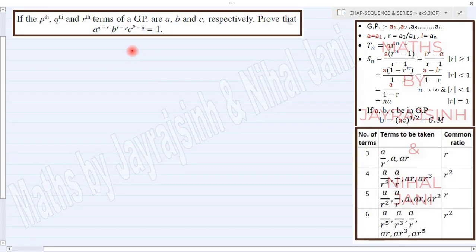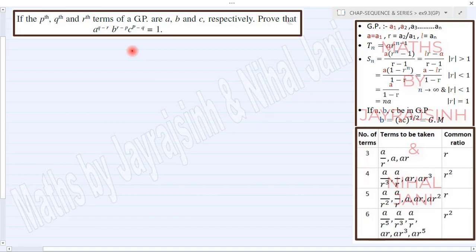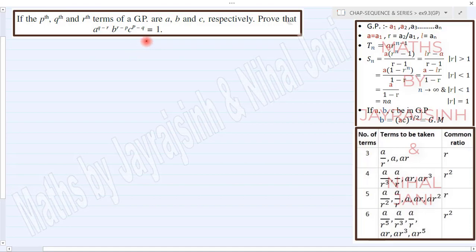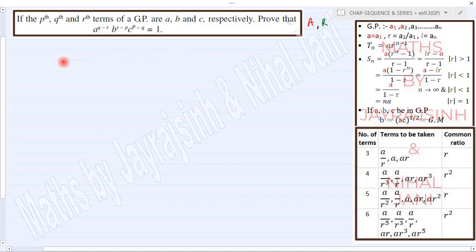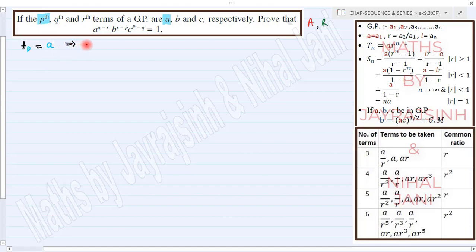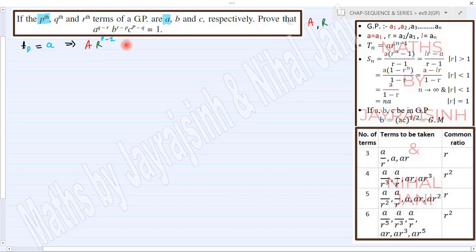In this question, we have pth, qth and rth term of GP as a, b, c respectively, and we have to prove this thing. So, let's assume our GP has capital A as the first term and capital R as its common ratio. So, we can say the pth term, which is equal to a, will become A R raised to p minus 1 is equal to a.